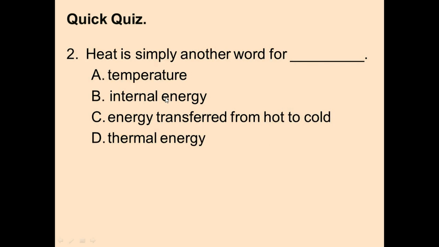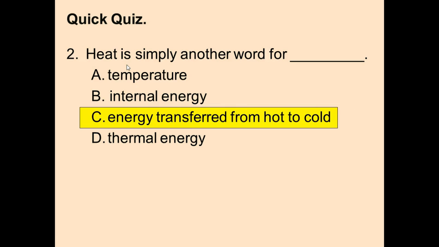And so heat is simply another word for: A, temperature, B, internal energy, C, energy transferred from hot to cold, and D, thermal energy. So we've been talking about heat, and heat represents Q in that formula, and that's all about energy transfer. So definitely C is an answer, because heat is the energy that's transferred. And there's one other answer.